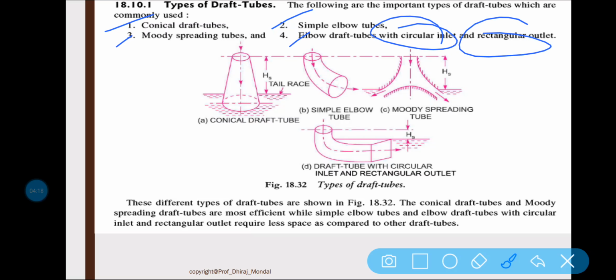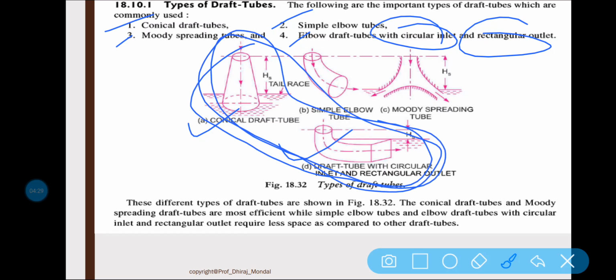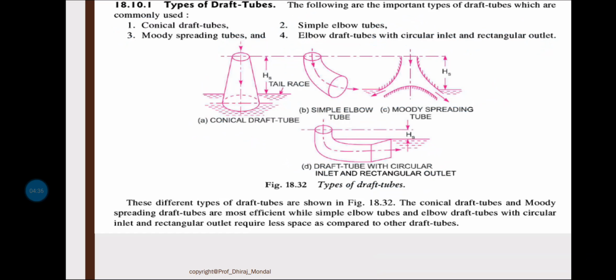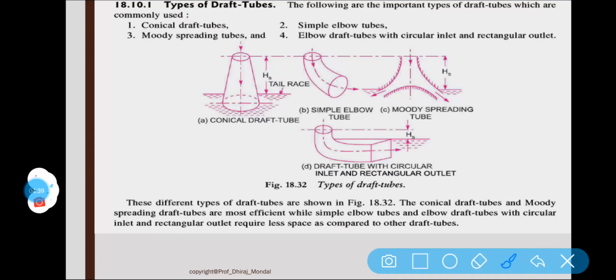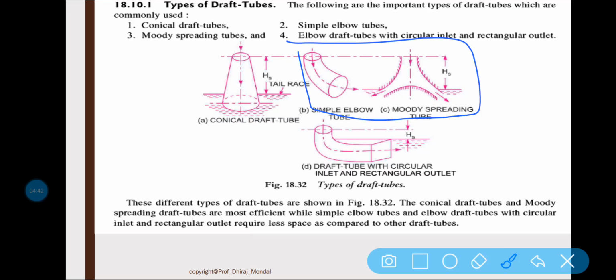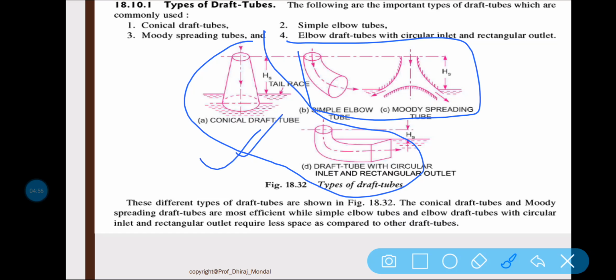In this diagram, the conical draft tube and the elbow draft tube with circular inlet and rectangular outlet are very efficient draft tubes. The others are not so efficient, but we also use them based on our need, because the simple elbow and Moody spreading tubes need very little space, whereas the conical and elbow tubes with circular inlet and rectangular outlet need a large space.